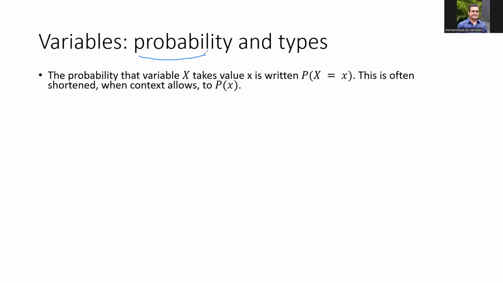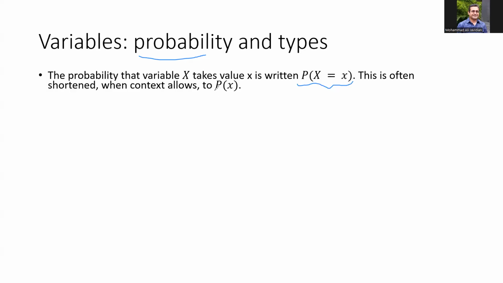To show the probability of a variable, we use this notation: P of X equals lowercase x. That means what's the probability of variable X that takes the value of lowercase x.